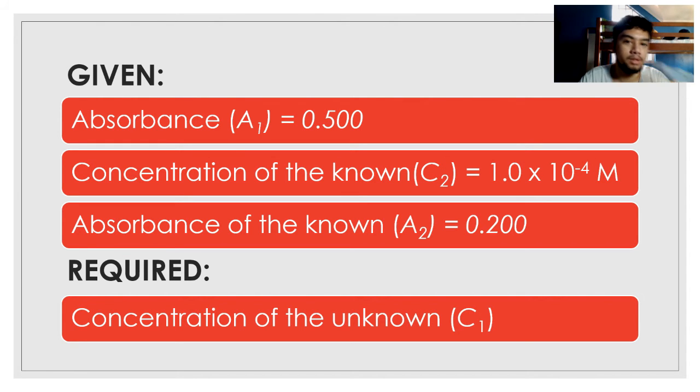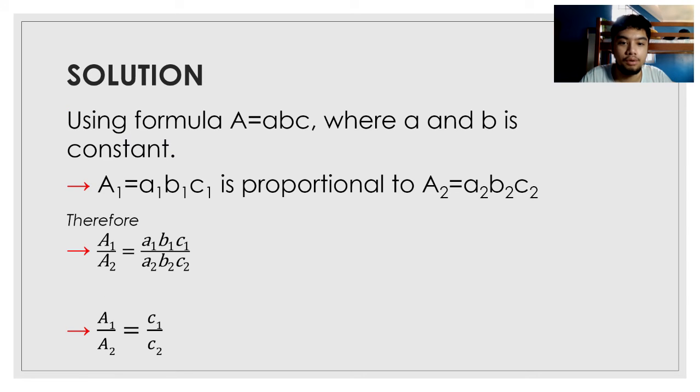Now, maybe you're asking, there is no b, then there is no small a. So, for the solution, using the formula capital A is equal to small a times small b times small c, wherein a and b are constant.